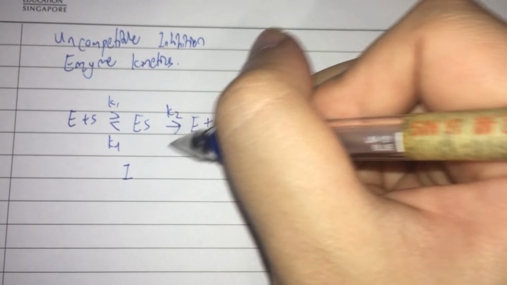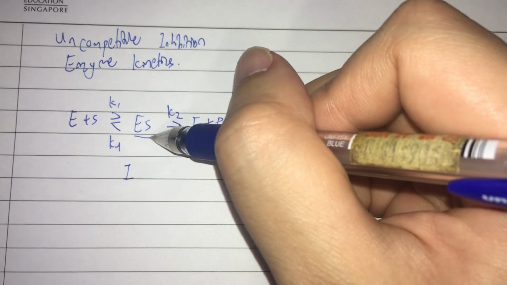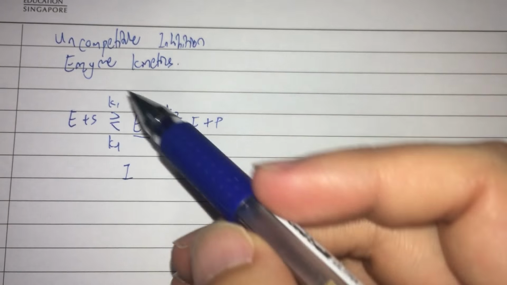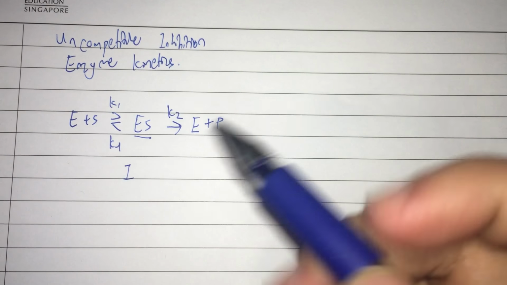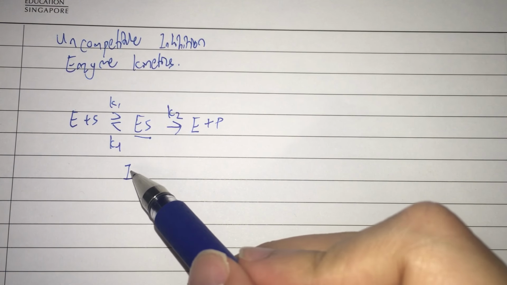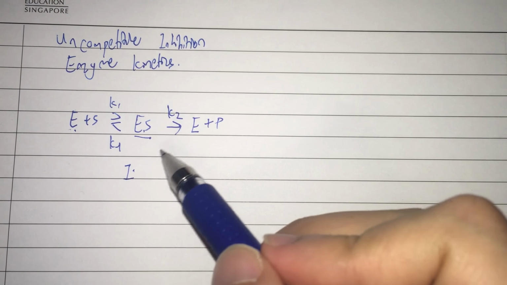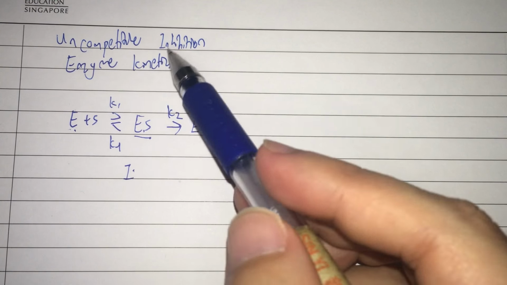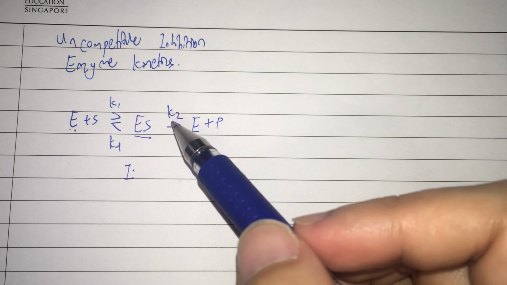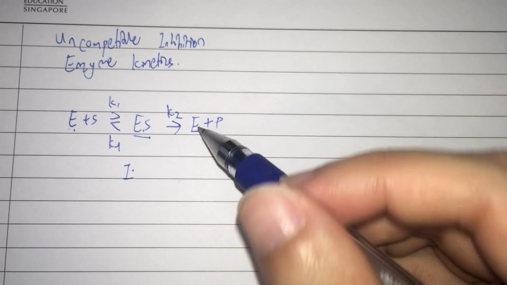Okay, so now let's say you have an inhibitor and it only binds to the enzyme substrate complex. Sometimes you'll have non-competitive inhibition where the inhibitor binds both to this and to this. But in uncompetitive inhibition, it's even less competitive than non-competitive.